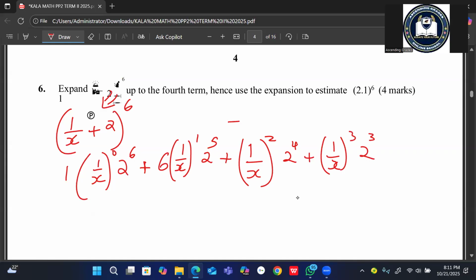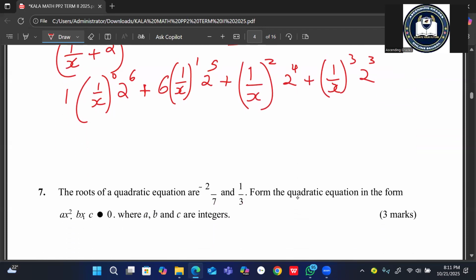You have been told up to the fourth term, so that is the fourth term: 1, 2, 3, 4. So the next one becomes your answer.